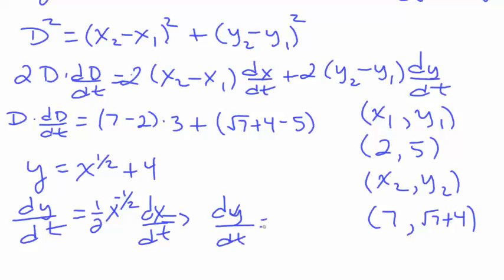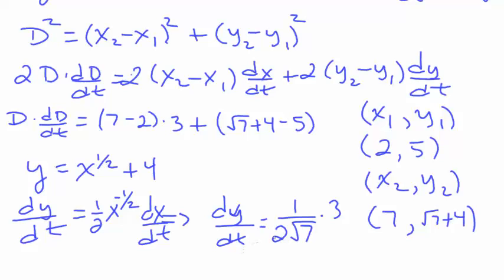over dt is equal to, so this is going to be 1 over 2 times the square root of, we're going to go ahead and just plug our numbers in, x, which was 7, and then dx over dt, which is 3.